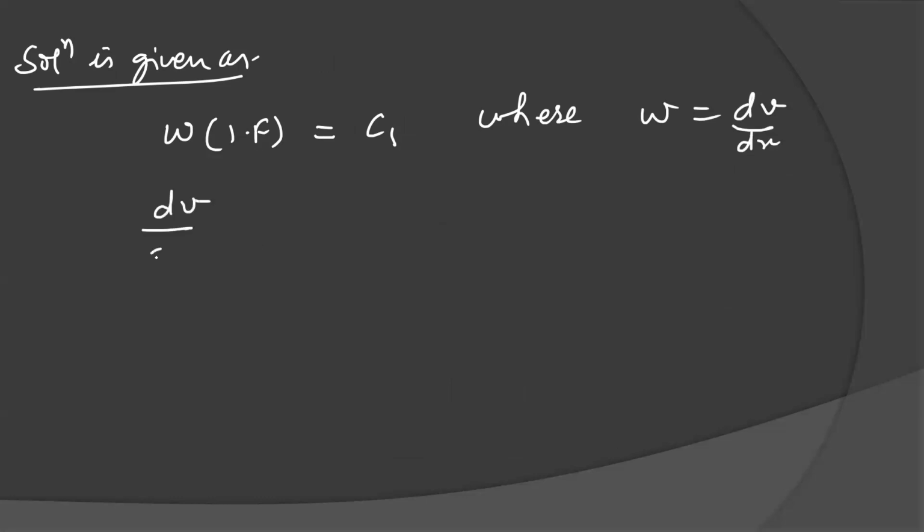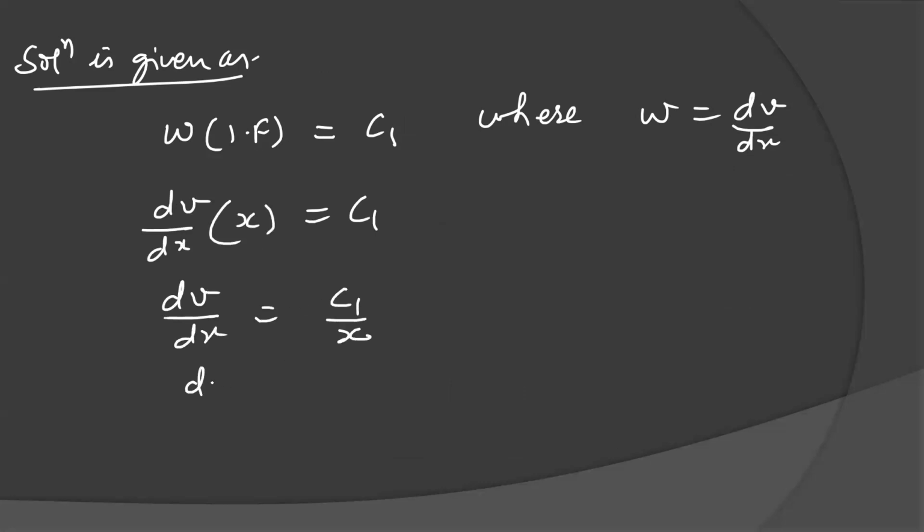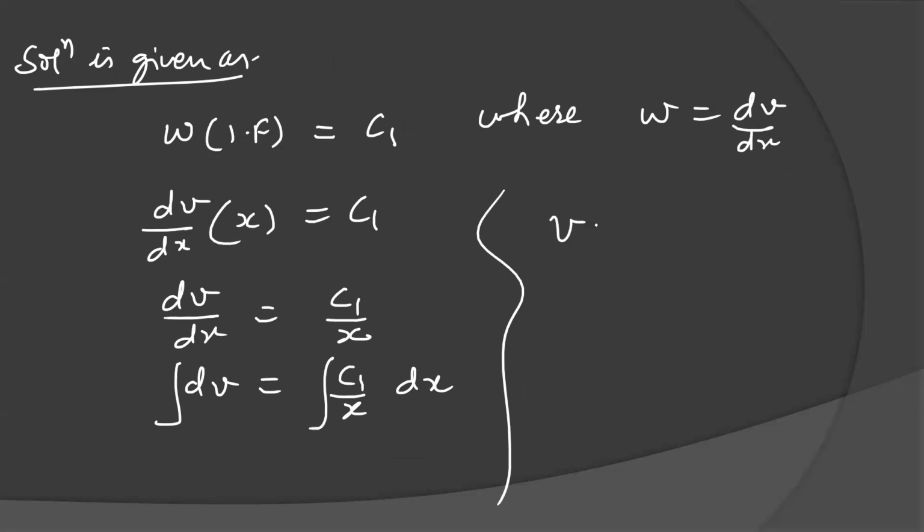So dv by dx times integrating factor x equal to c1. You can write dv by dx equal to c1 by x. So dv will be c1 by x dx. Now if you integrate both sides, v(x) equal to, because v is a function of x, I already told you, c1 log x plus c2, the second integration constant.